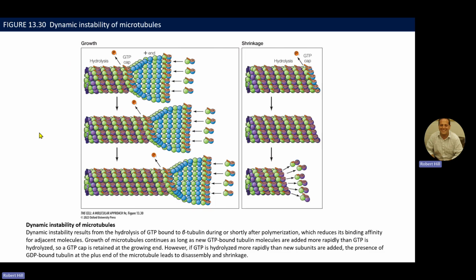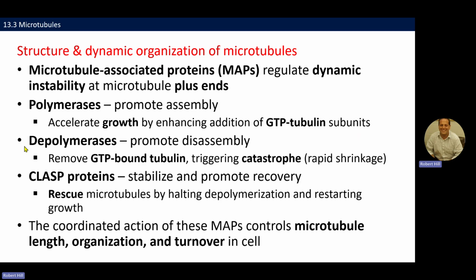However, it just doesn't magically decide to depolymerize or repolymerize or catastrophe or rescue. There are important proteins and enzymes that mediate that behavior of microtubules. So the behavior of microtubules is tightly controlled by a very important class of proteins called microtubule associated proteins.